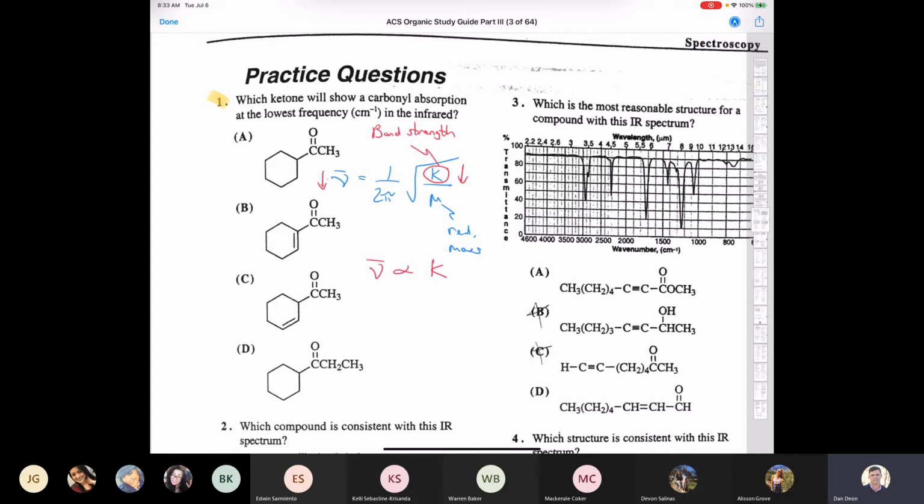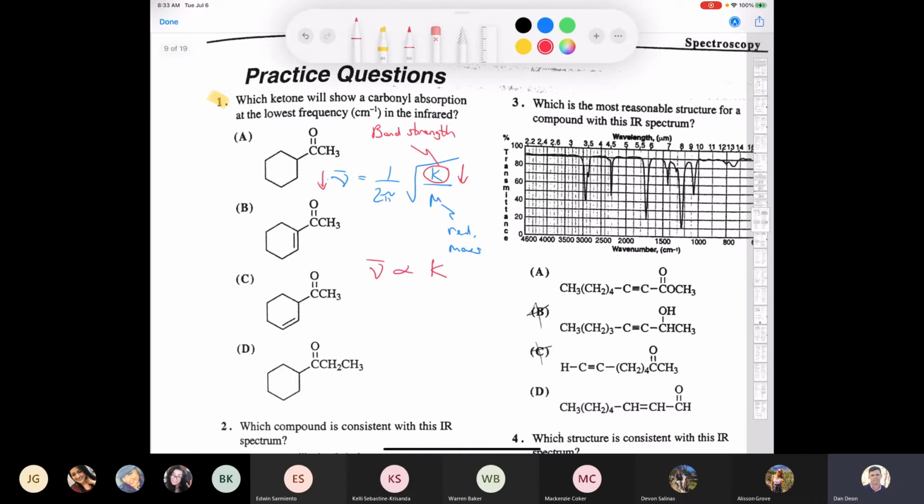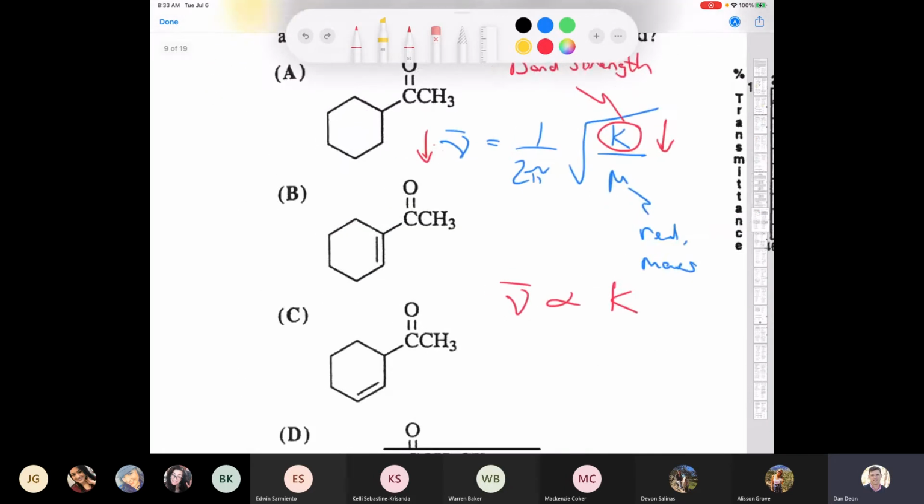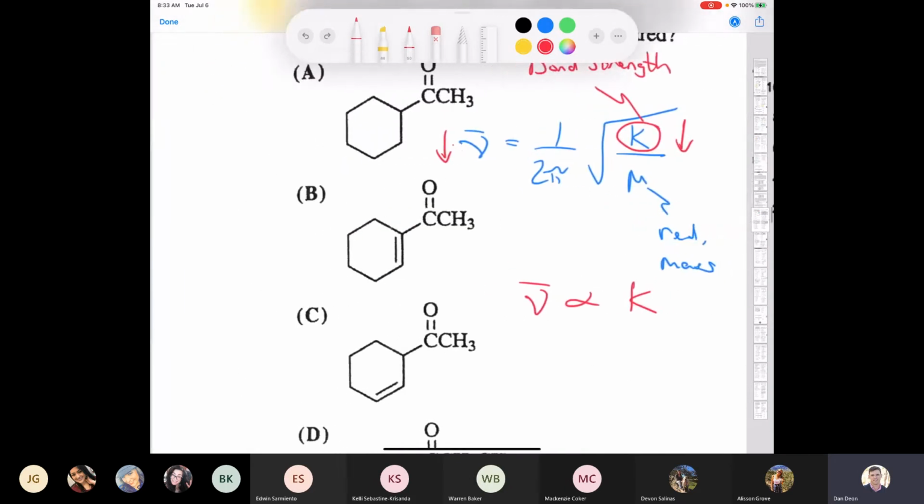And this is one of the concepts that we went over in the IR chapter: when you have a conjugated system like this, the carbonyl is going to be weakened. Why? Because of resonance, right? If we zoom in on that molecule, we can draw a resonance structure where it's going to look something like this.